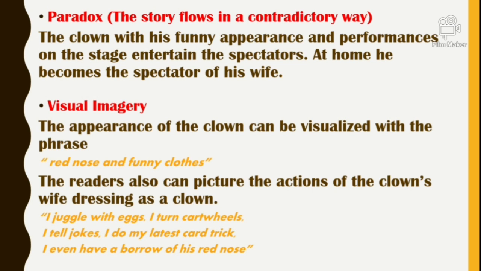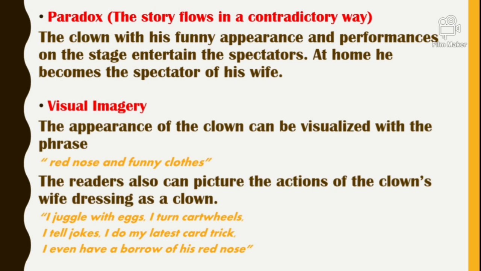So this is where the contradictory form lies, because the clown, who is having a large audience and a lot of spectators when he's performing on the stage, when he comes home, he becomes a spectator of his wife. So it is the paradox shown here. The reversal of characters can be shown with this paradox.